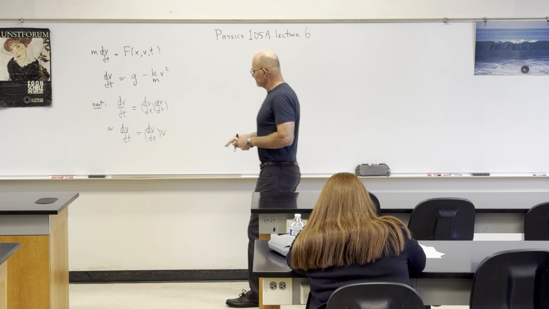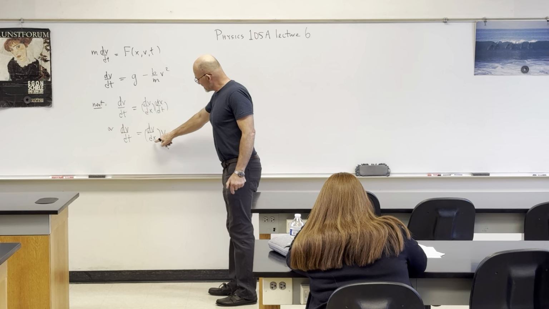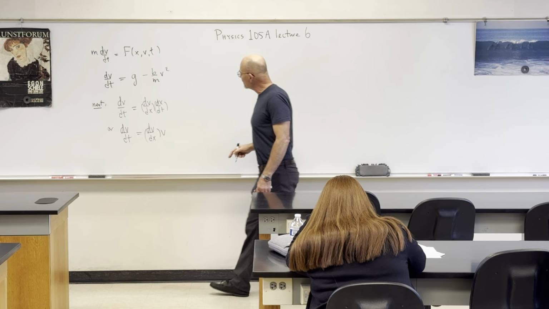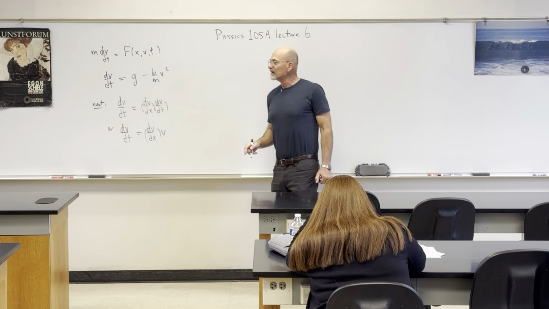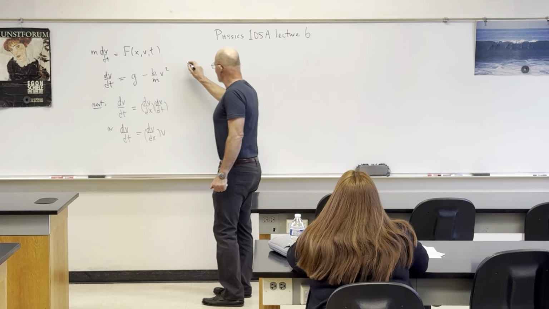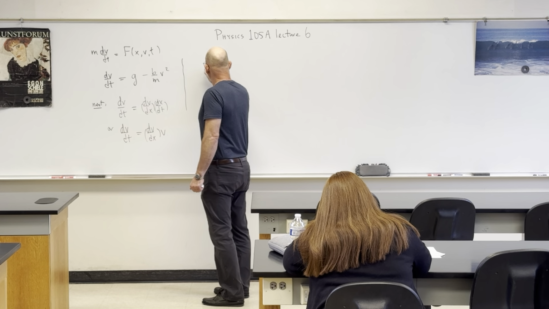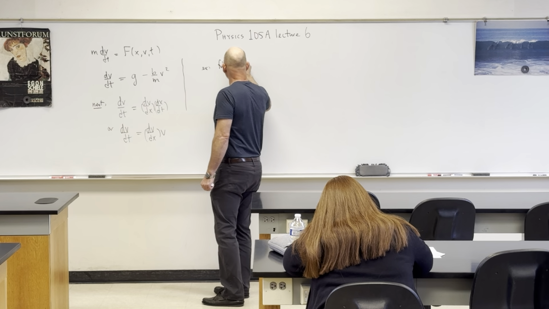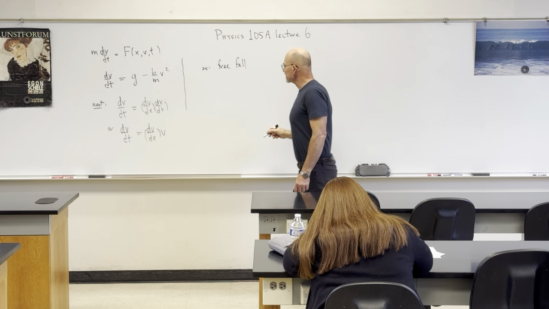And what we're now going to find is the dependence of the velocity on the position. And there's really a famous version of that that we're all familiar with. So let's go ahead and try this. So our example is just free fall again, or constant acceleration.